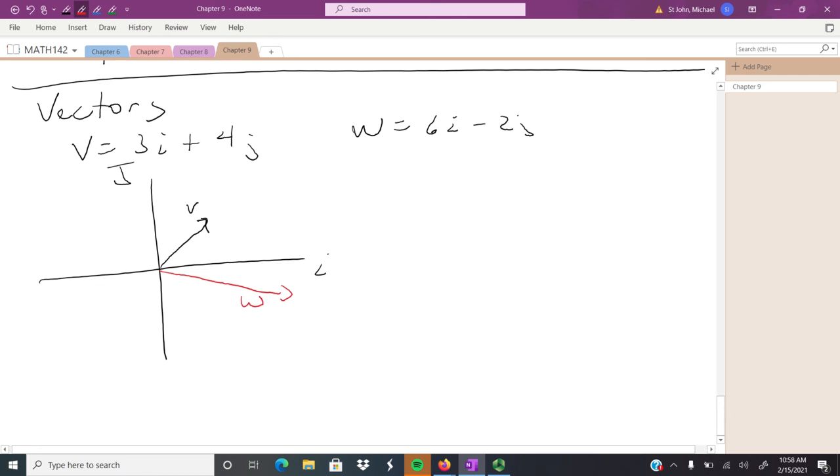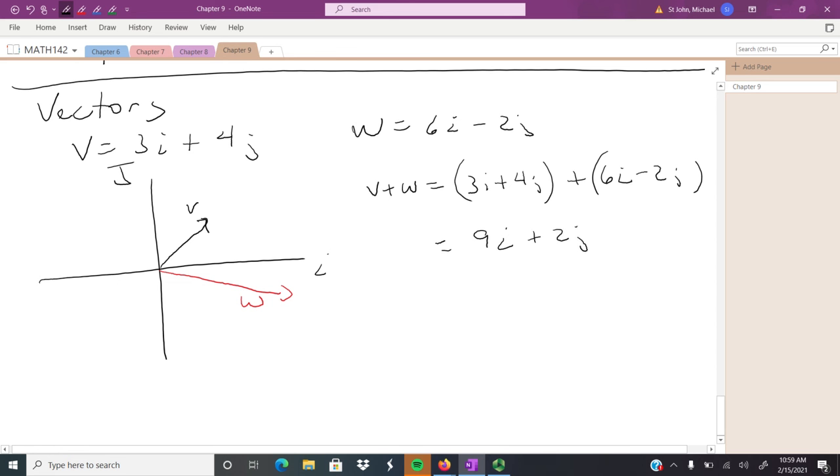So given vectors, we can add them, we can subtract them. So if I did V plus W, this would be 3i plus 4j plus 6i minus 2j. And so 3i plus 6i is 9i. 4j minus 2j gives us 2j.